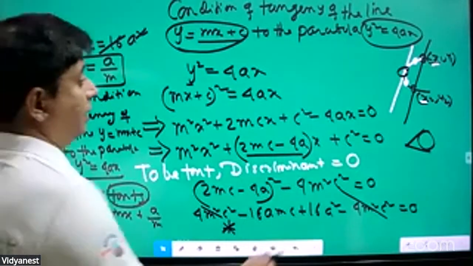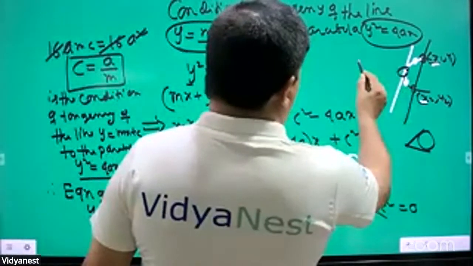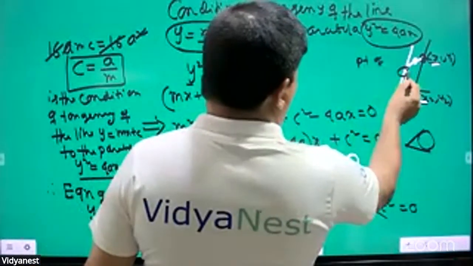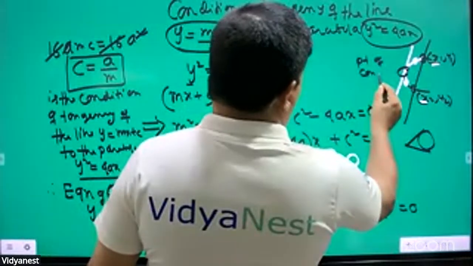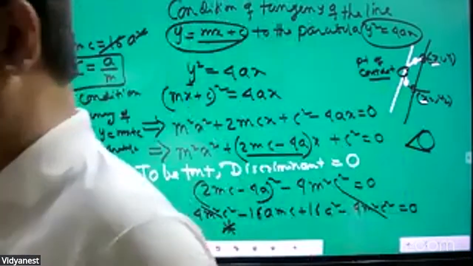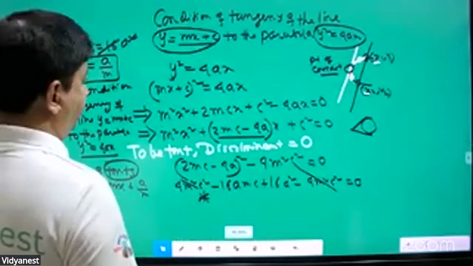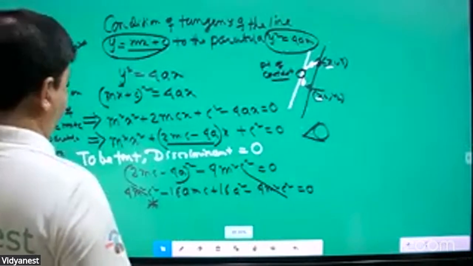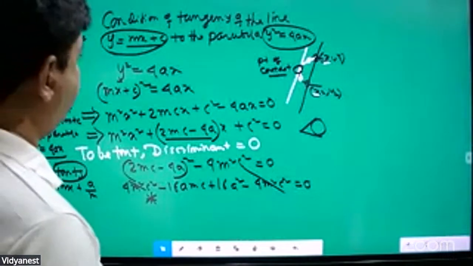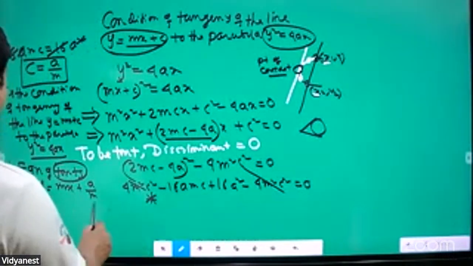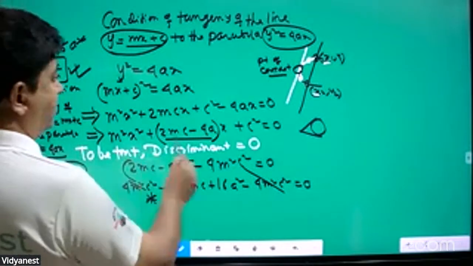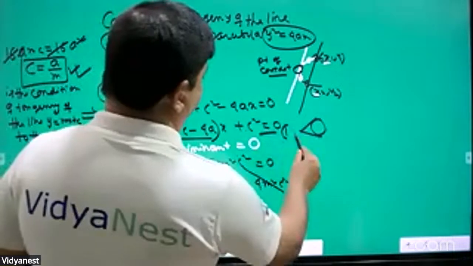Now, you are told to find the point of contact, the point at which the line is touching. We are told to find the point of contact now. You see, we got c is equal to a by m, and let us label this equation by 1.